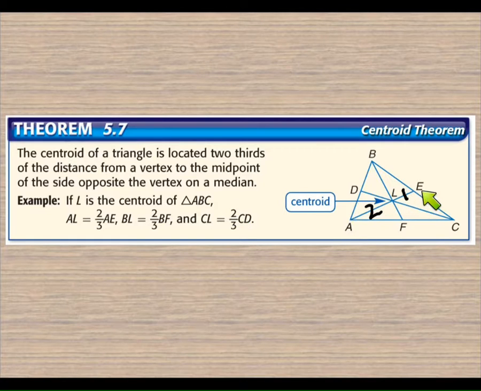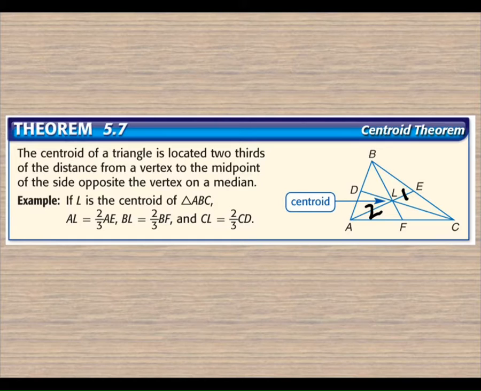Because the whole thing would be 3, and from here to here is 2/3 of it. From the vertex to the centroid is 2/3, okay? So the way you write that equation is from the vertex to the centroid, so in this case AL is equal to 2/3 of the whole thing, or LE is equal to 1/3 of the whole thing.